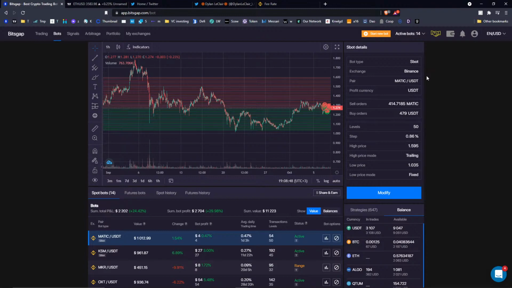On Huobi and OKX it's lower. That means you could launch the same bot on the same currency with the same number of grid levels and the same grid step, but with a lower investment sum because of the requirements on Huobi and OKX.